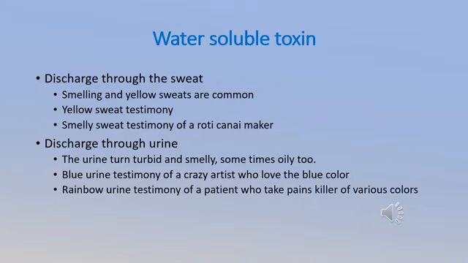Last time in Kedah State, there was one artist, a very crazy artist. He loved blue color. In his drawing, everything is blue. The tree is blue, the moon is blue, the heart is blue, the beautiful woman in the drawing also blue. When he took Ganotherapy, the urine came out also blue.